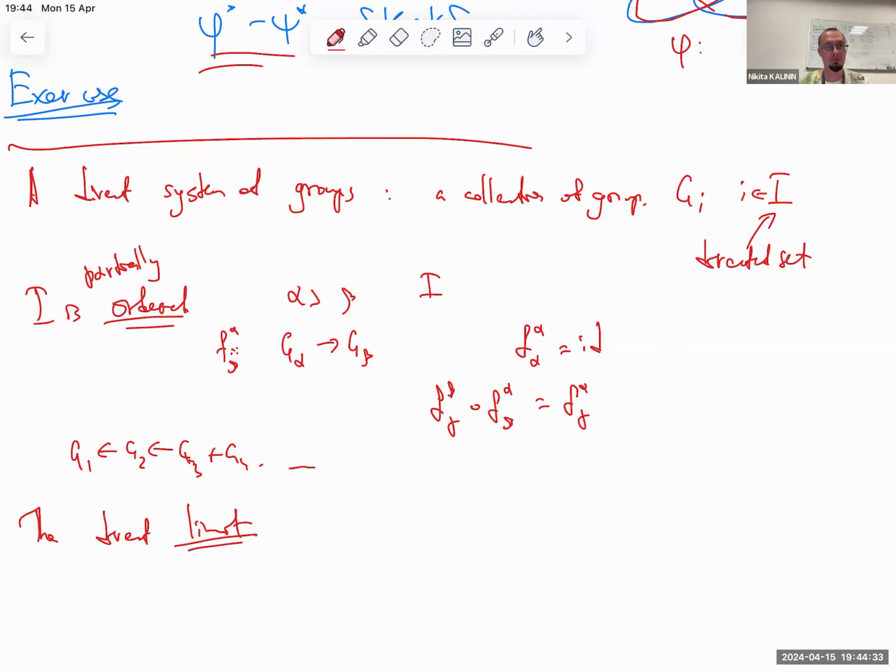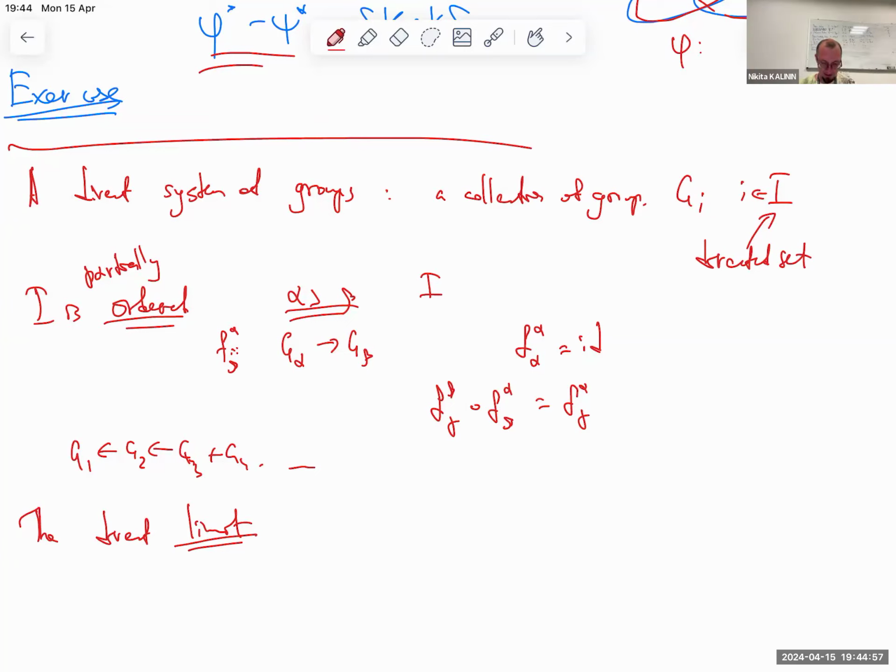So surely, if you have any order like alpha bigger than beta, you can reverse it. So it just depends in which direction it's ordered, but there was just a standard definition from category theory.